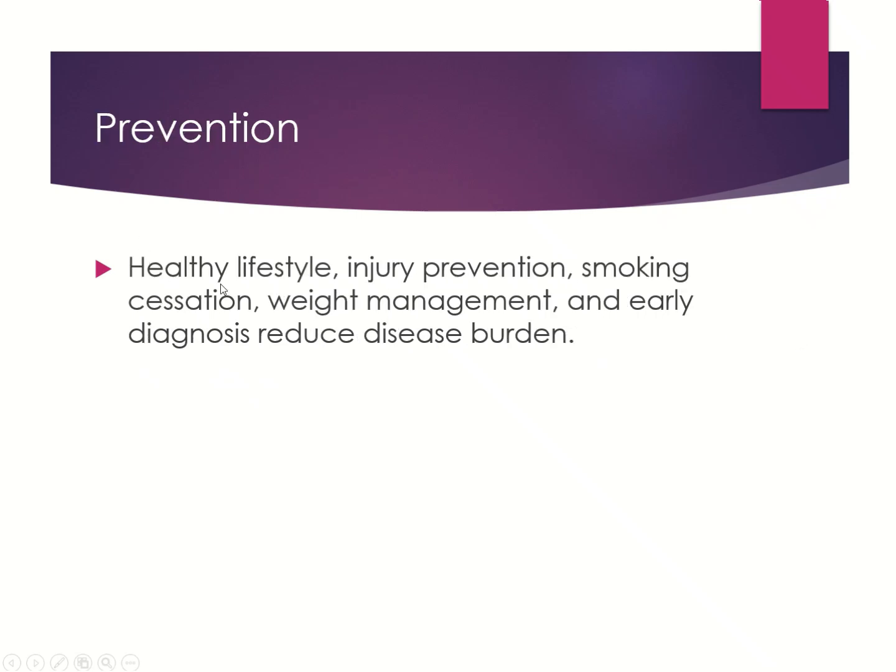So, now come to prevention. How to prevent this disease? Usually, we have to suggest to people and individuals to have a healthy lifestyle from their early age. We can ask the patient not to get injured. Smoking cessation also can be advised.